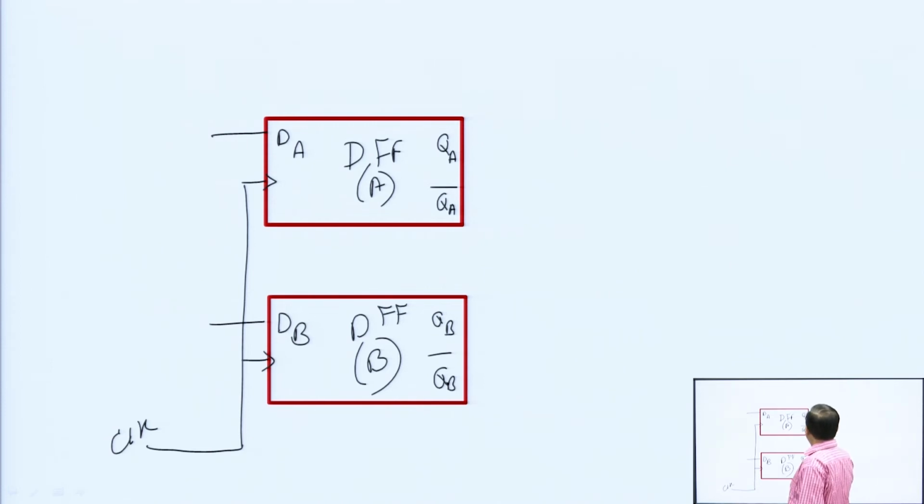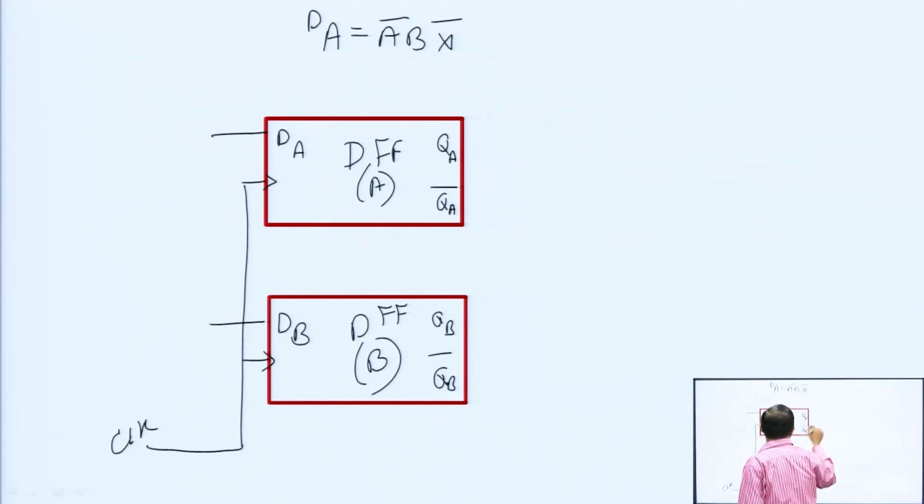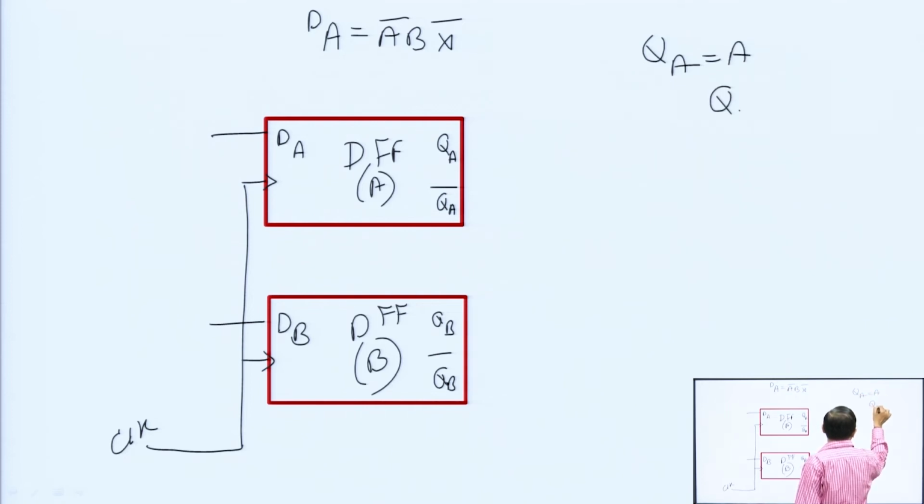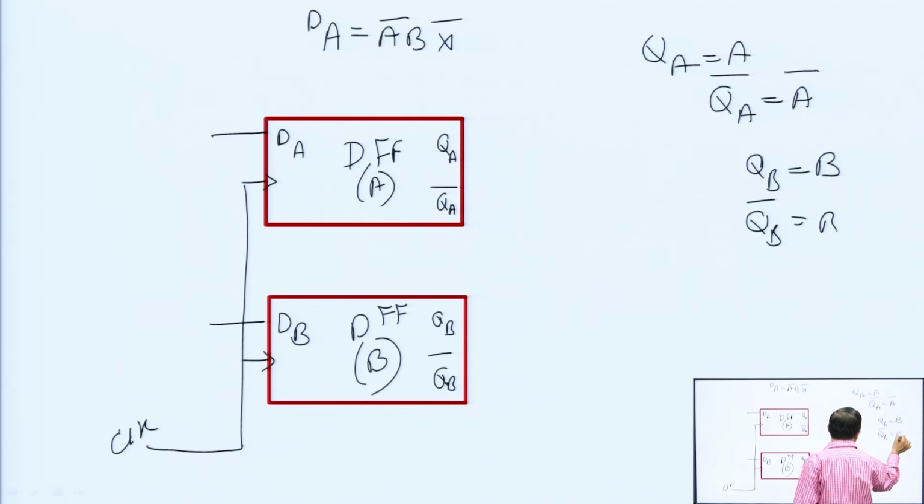Q A is equal to A and Q A bar is equal to A bar, Q B is equal to B and Q B bar is equal to B bar.